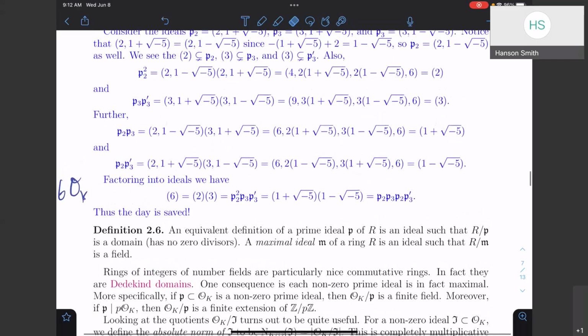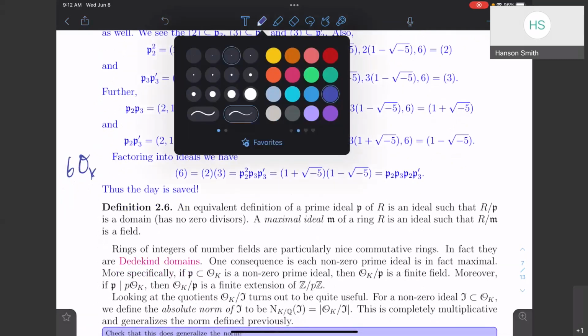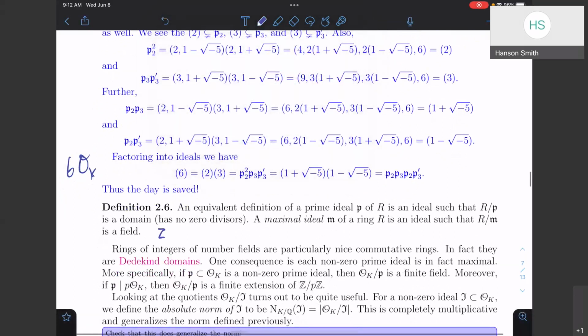So let's see, we could just go ahead and take Z adjoin the square root of minus 5, and mod out by the ideal generated by 3 and 1 minus the square root of minus 5. So I'm declaring those things to be equal to 0. So 3 is 0, and all of a sudden I have Z mod 3Z.